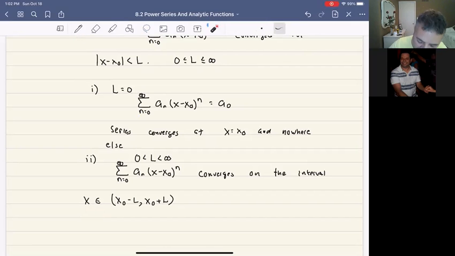So this is equivalent to saying, for example, x0 minus L less than x less than x0 plus L. Okay, those are equivalent statements.